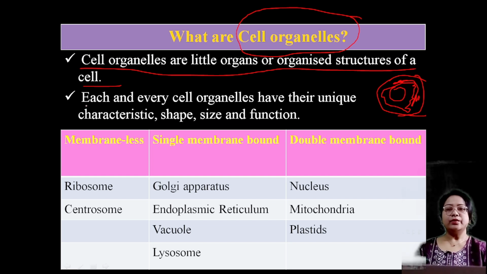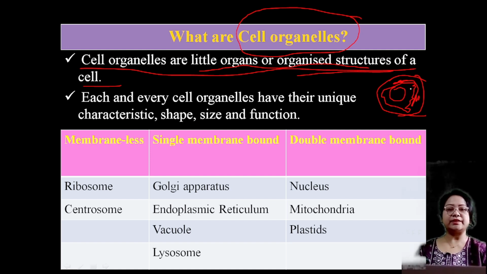So cell organelles are little organized structures, and these structures are very essential to the cell as they have unique characteristics of their own.